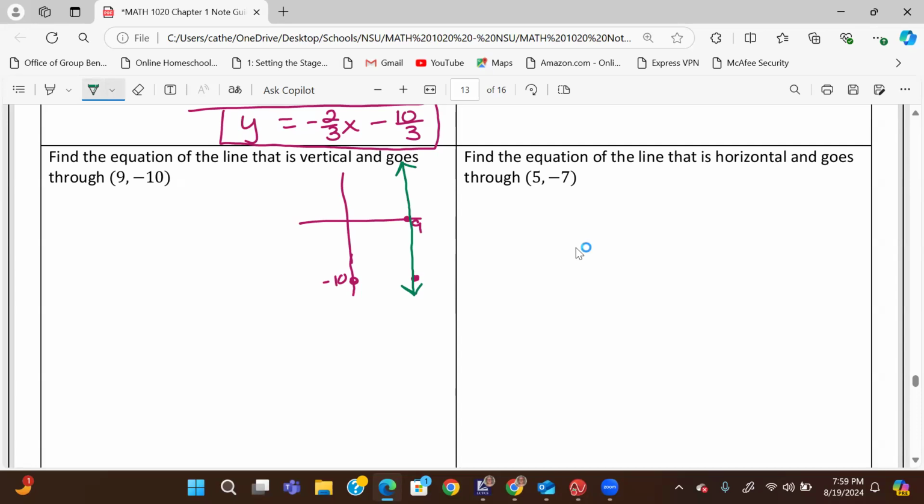So the slope on that, if you remember back from section 1.3, the slope is undefined. So you can't put undefined in an equation. But if you look back at the notes, this crosses the x-axis at 9. So it's just x equals 9.